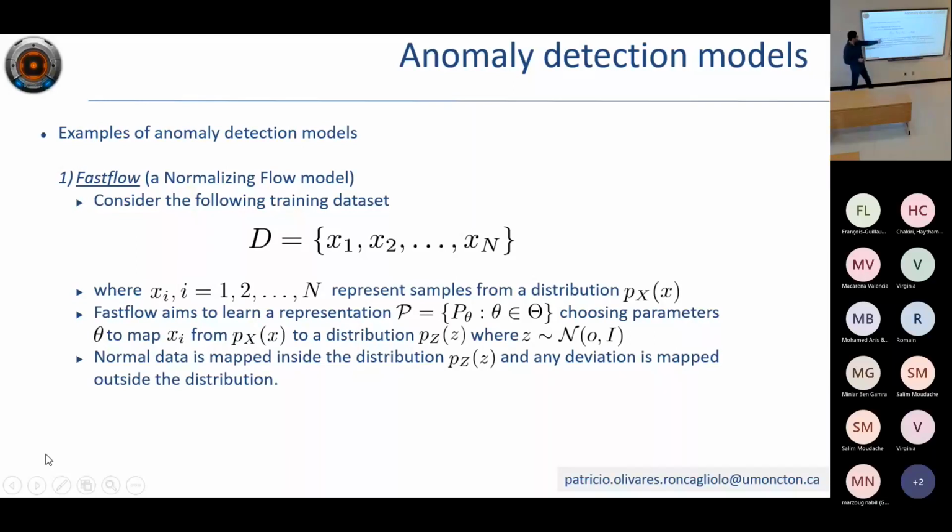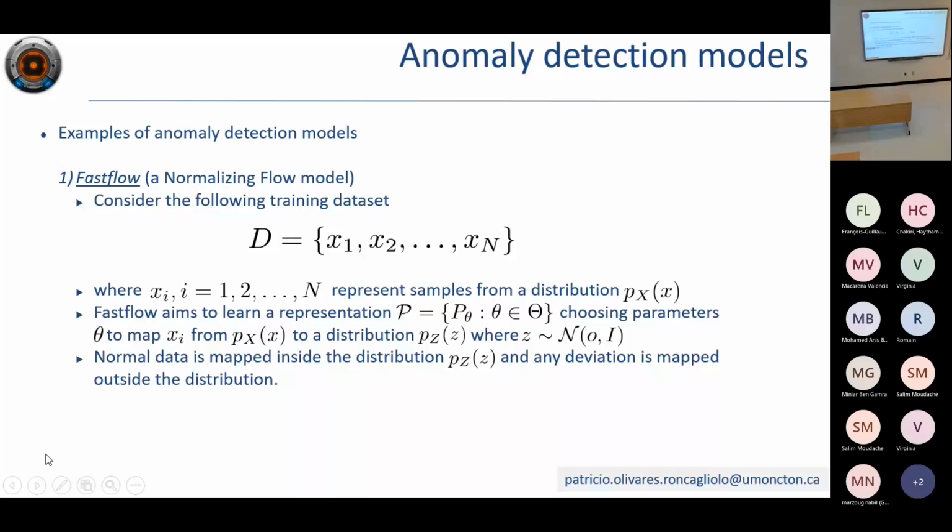You will have a training data set, and of course, this can be represented as a probability distribution. That probability distribution will be defined as p_X(x) in that case. You can define whatever you want. And the idea here is to learn a representation from that initial probability distribution in order to map every single sample of your data into a new distribution. What kind of distribution? Well, any kind of distribution that is easily used for your anomaly detection process.